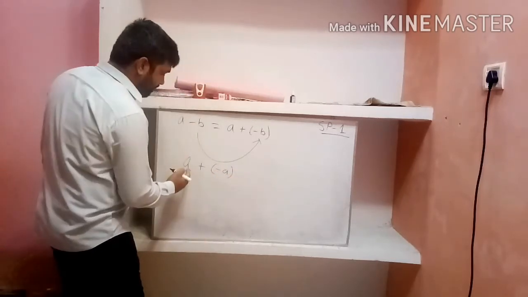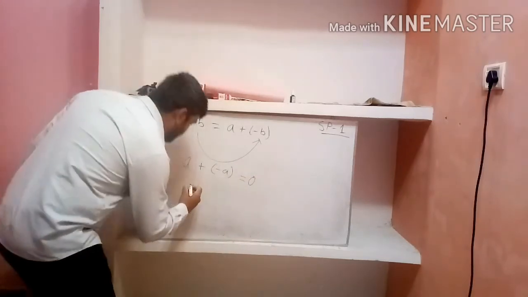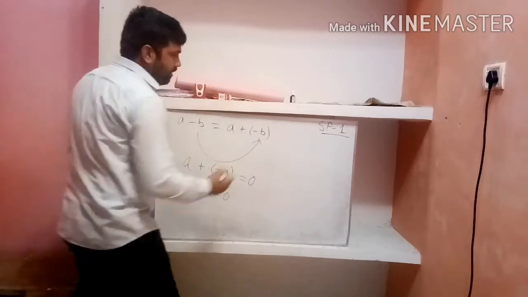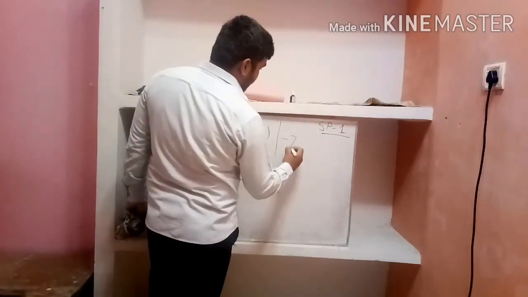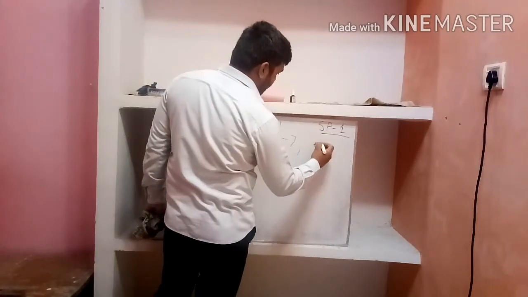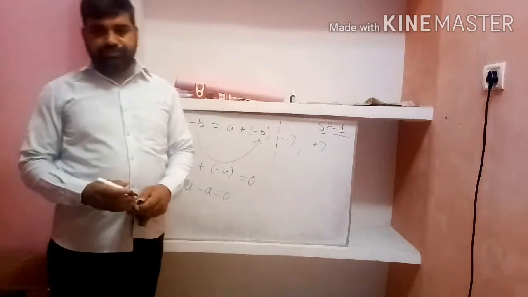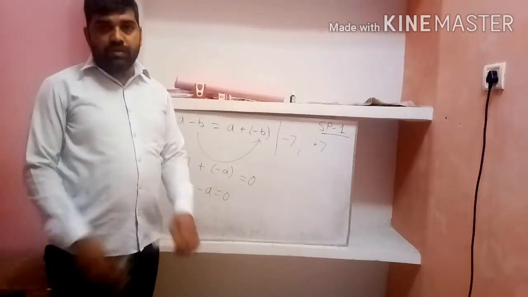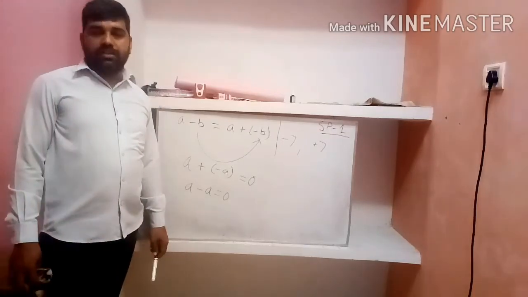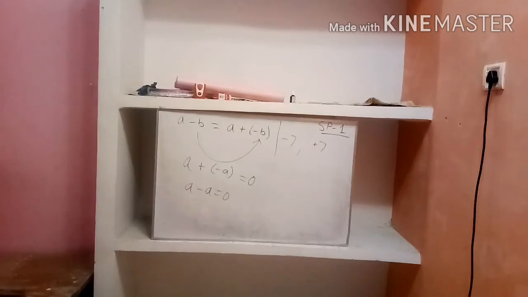Now you see what you got? a plus minus a equals 0. So the additive inverse of minus 7 will be plus 7, and adding these two numbers, you will get 0. A number and its opposite are called additive inverses of each other, and the sum of a number and its additive inverse is always 0.